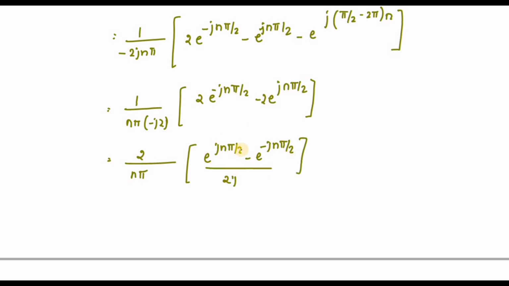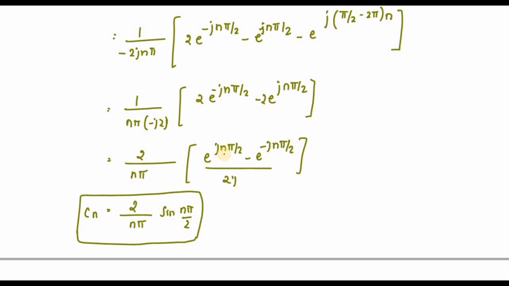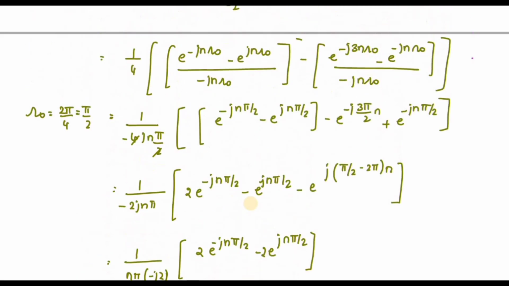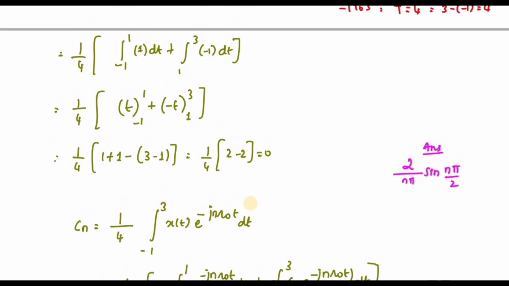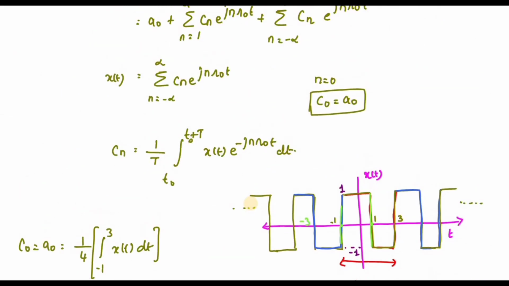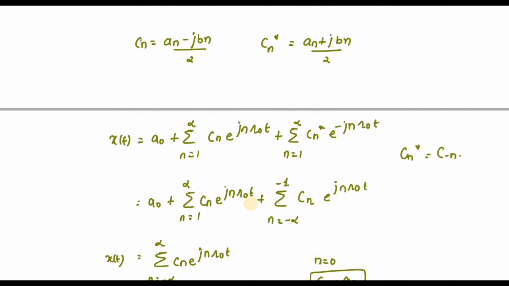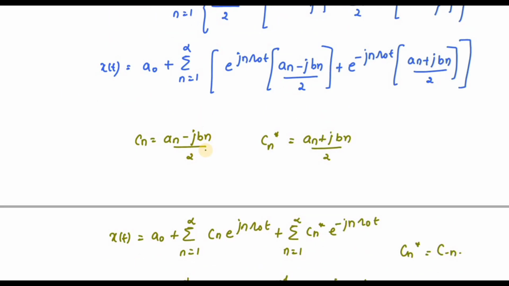So what is the formula for this one? This is nothing but sin n pi by 2. So this is your C. So we know that Cn is equal to An minus j Bn divided by 2, right?